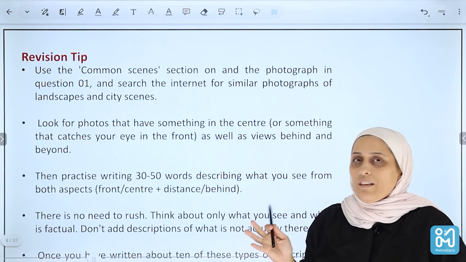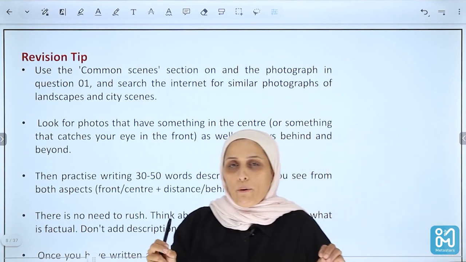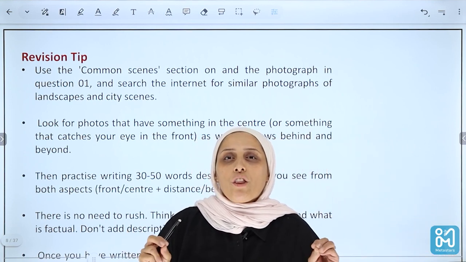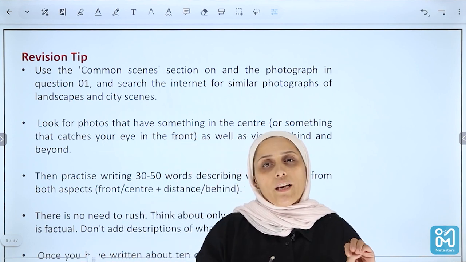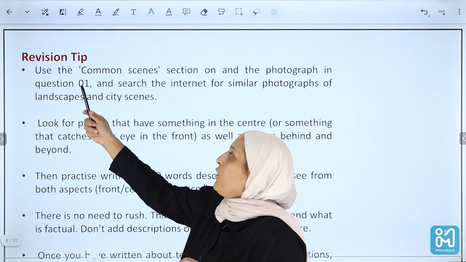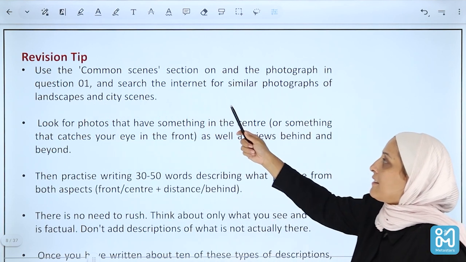So, what is the revision tip? As a student, what are the things that I have to focus on to guarantee full marks in task 1? You have to use the senses section.